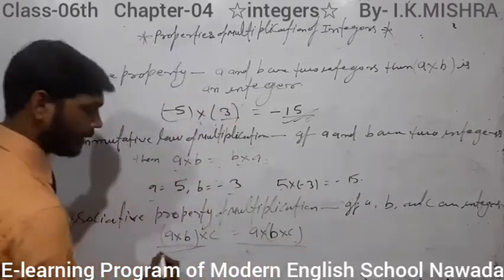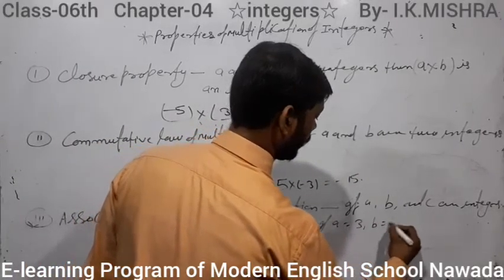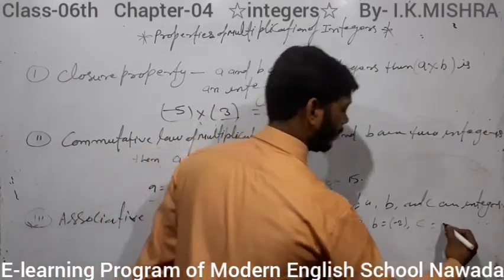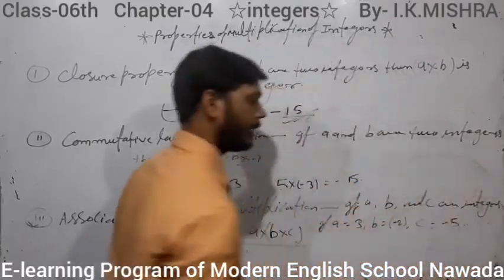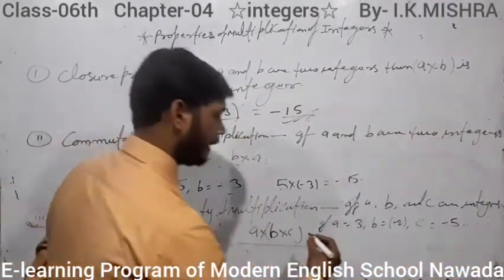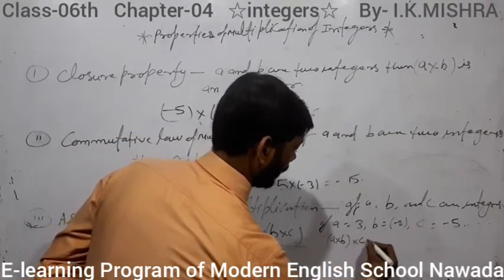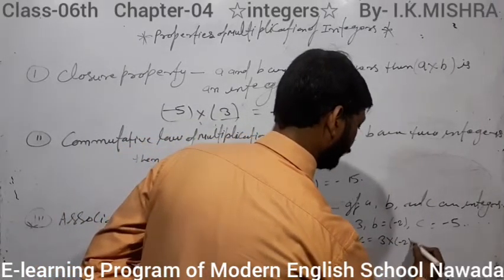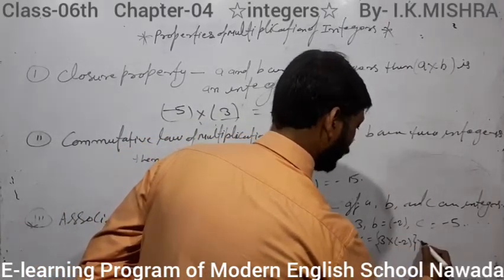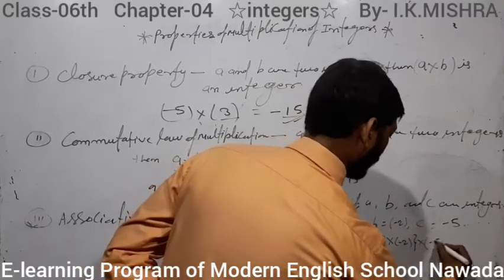Students, if a equal to 3, b equal to -2, c equal to -5, here three integers are given. Then a into b into c is equal to 3 into -2 and into the third, -5.